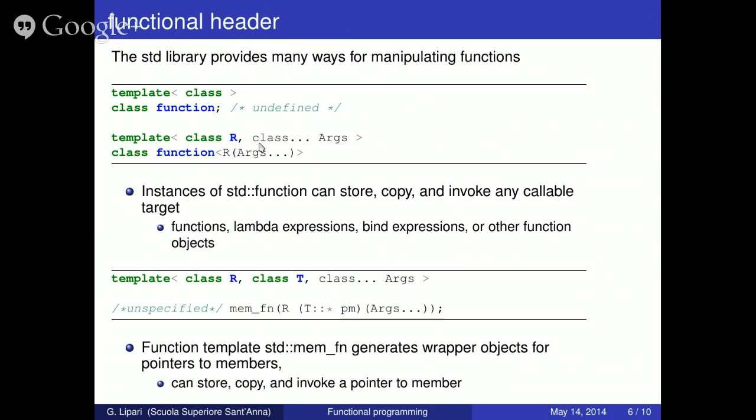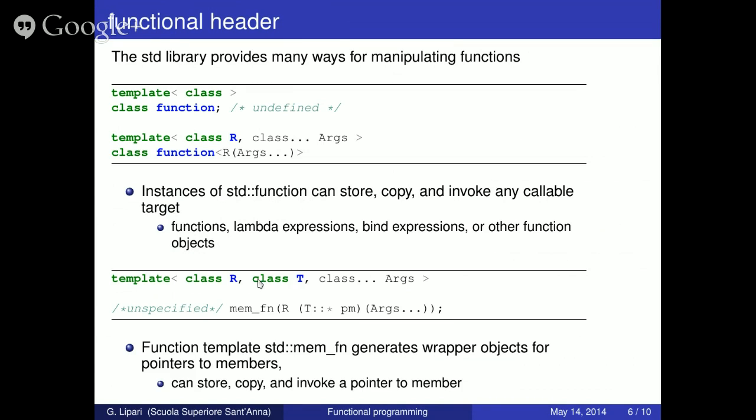You have to specify, of course, in the template parameter, the return type and a certain number of arguments. Now, instances of std::function can store, copy, and invoke any callable target. For example, a function, or a function that you define on the fly by using lambda expressions, or a function that you obtained by binding some parameters of another function, or a function object, or whatever.